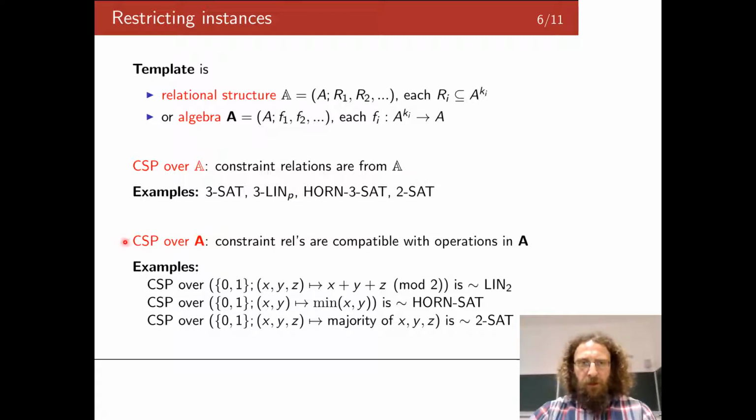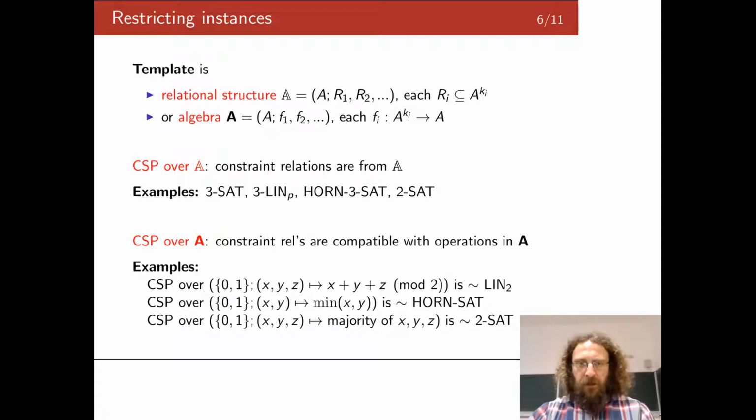The CSP over an algebra A is the class of instances where each constraint relation must be compatible with every operation in A. Compatible here means that the operation applied to tuples in a relation gives a tuple in the relation. Here are a few examples.